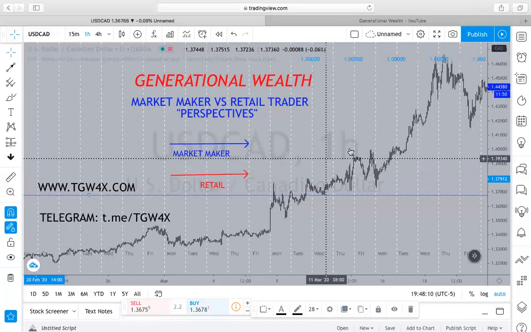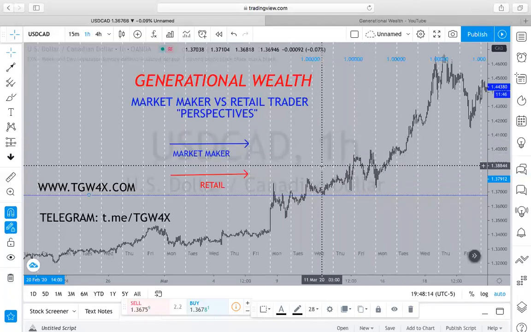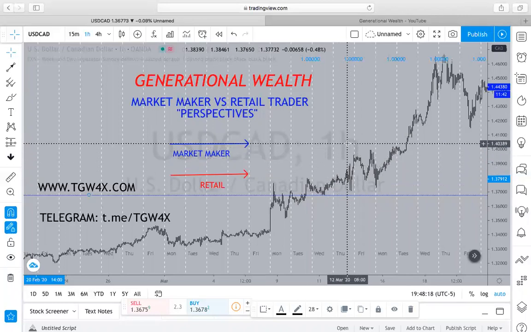You have to understand and know which direction the market maker is trading and which direction the retail trader is trading.